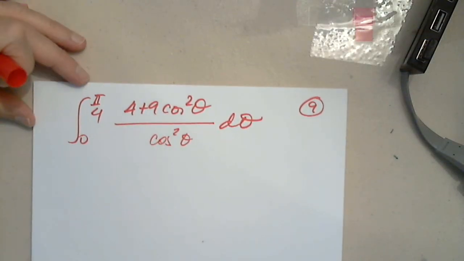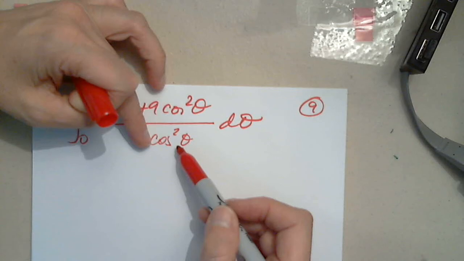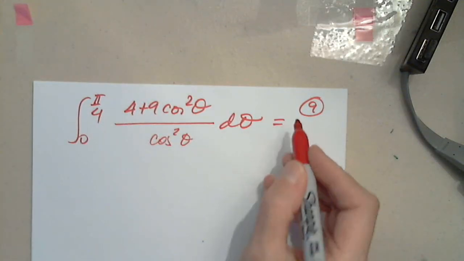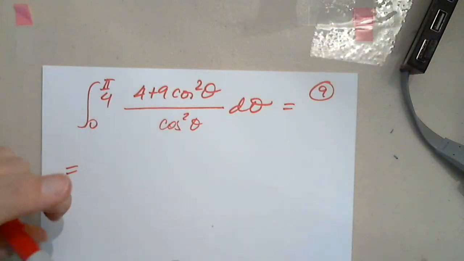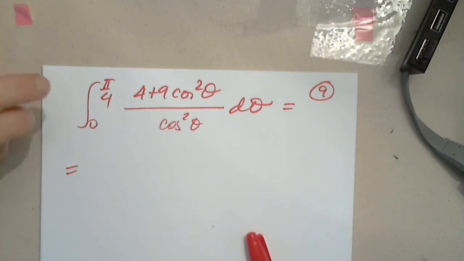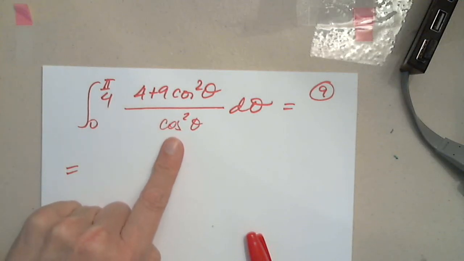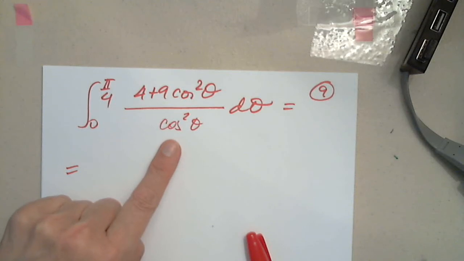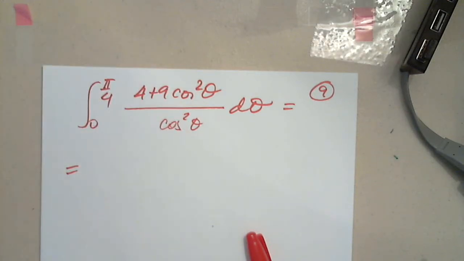Nice problem. Again, I see the denominator is just one term. I'm going to try and simplify it, separating it into two fractions. Before I do that, I have to stop. I have to look between 0 and pi over 4 if this function is continuous. Yes, between 0 and pi over 4 cosine is not 0. So the function is continuous.